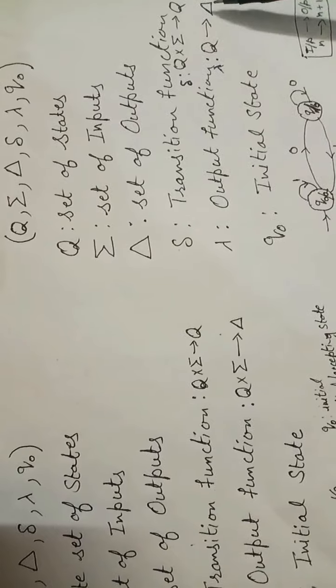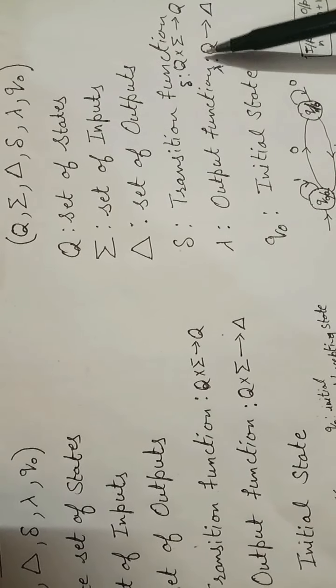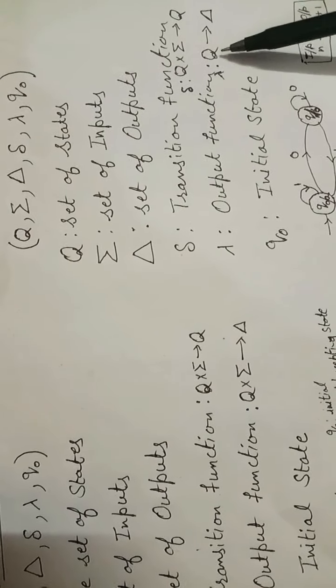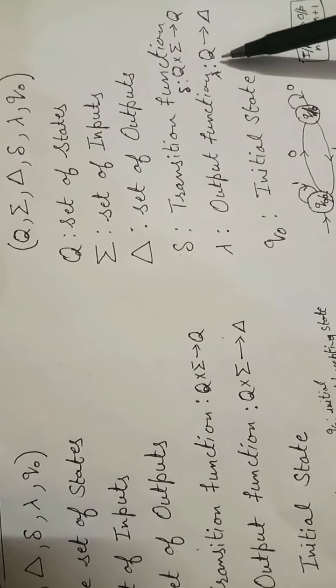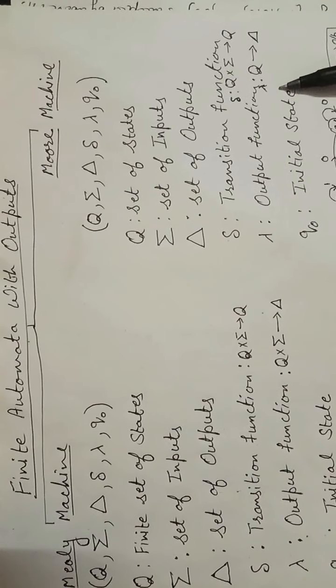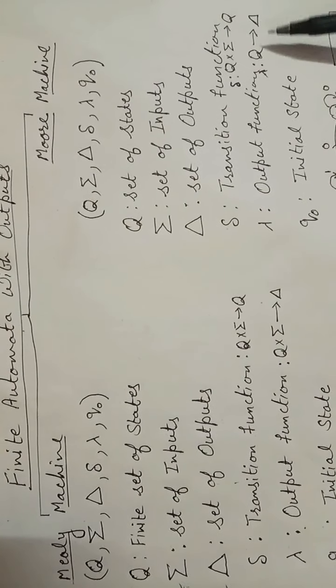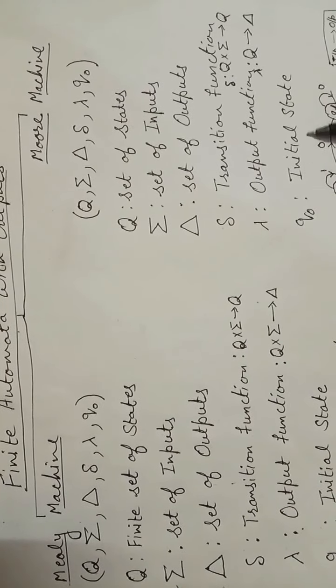So now you can see this, only the state gives you the output. It means this shows that there is not any input. So now I hope you understand that output depends only on the present state.